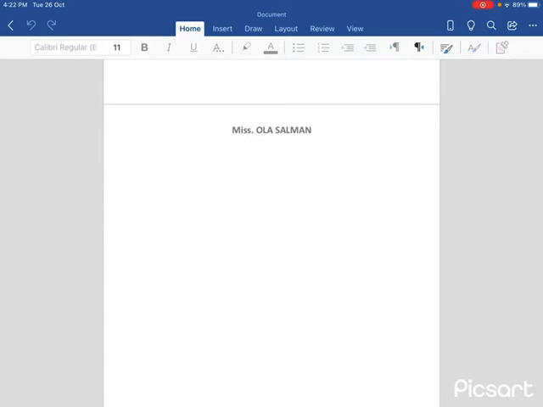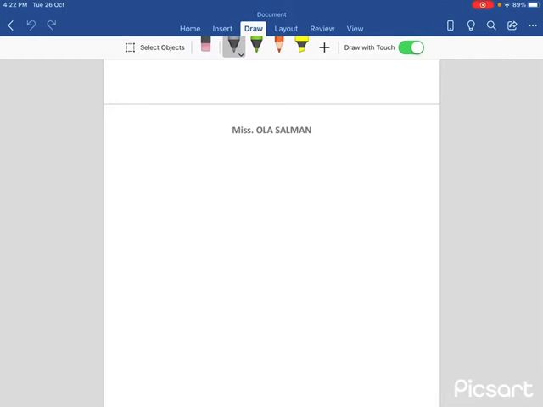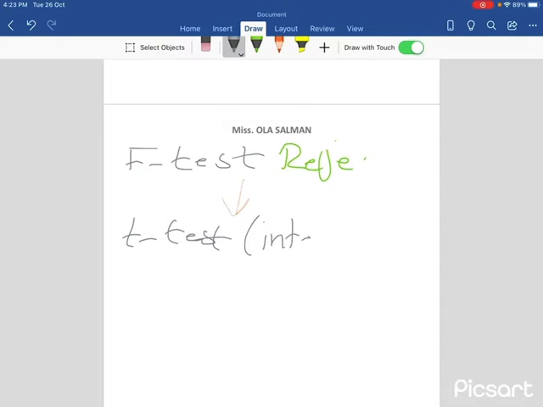You will go and make the F test. If the F test rejects, what will you do? You will go for the t test, this t test for the interaction term.